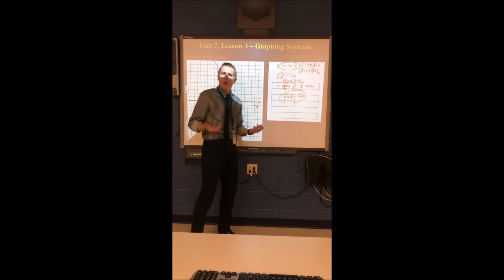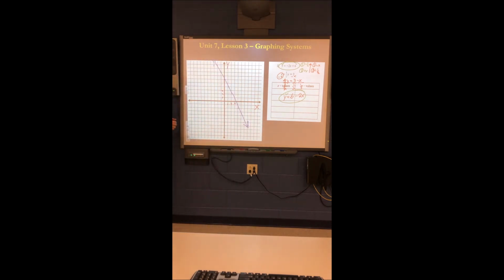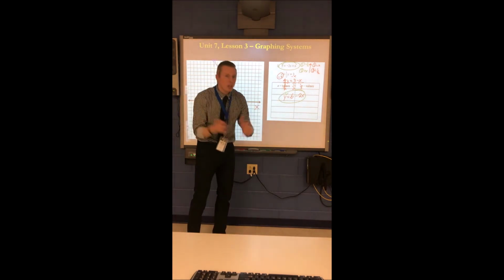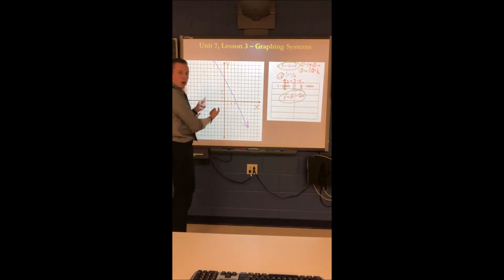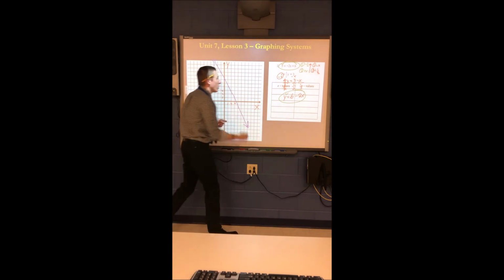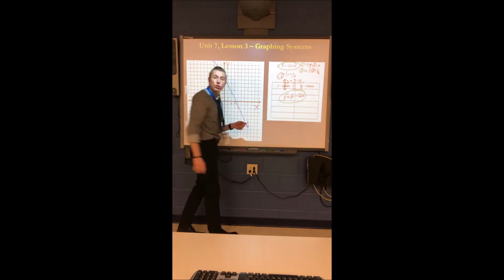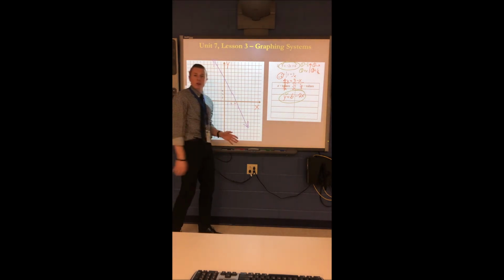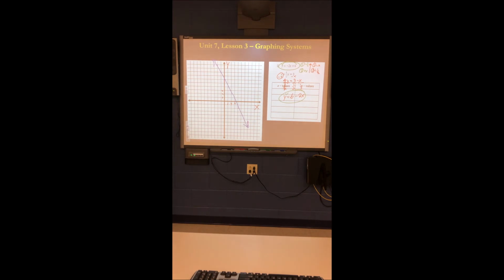That's the process you're going to follow for each one. Solve each one for y, and then graph. Make sure you put some values in your table. Listing ordered pairs is really good. Use your graphing calculator. That's all I want you to do in this lesson. Just graph.